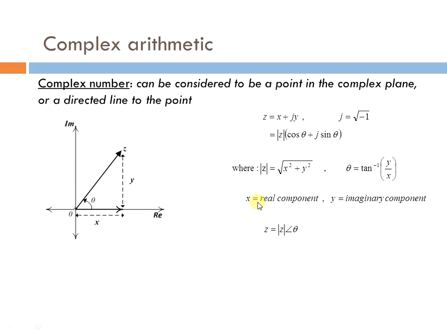These formulae play an important role in determining the frequency response of a system, which basically consists in calculating the magnitude and phase of the system at a given frequency. Two other useful forms of representing a complex number are the polar form and the exponential form.